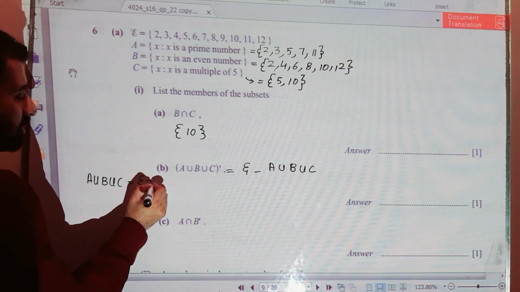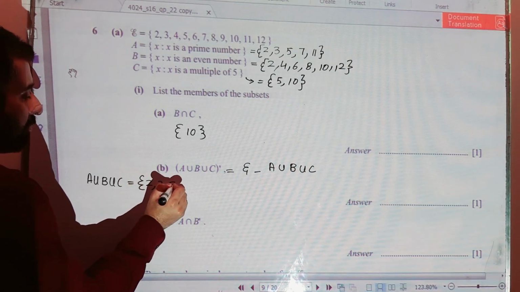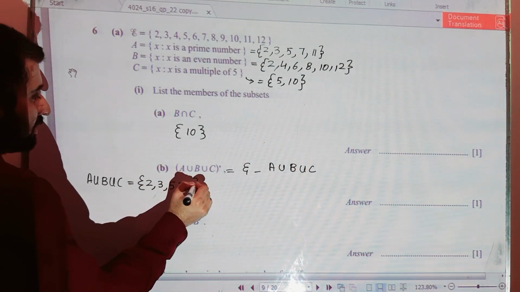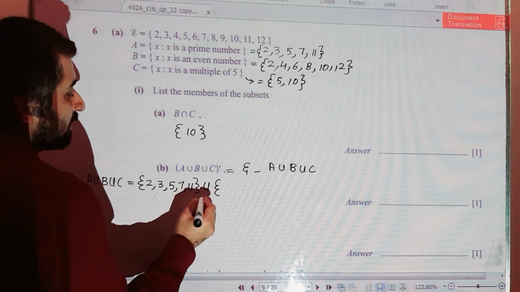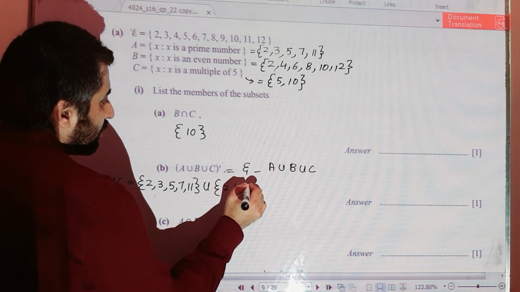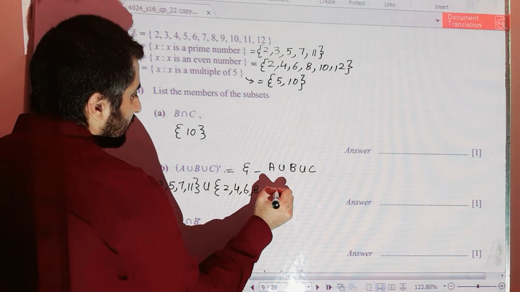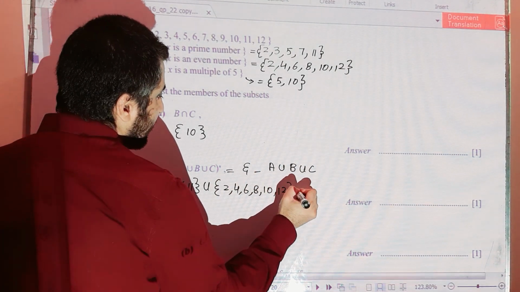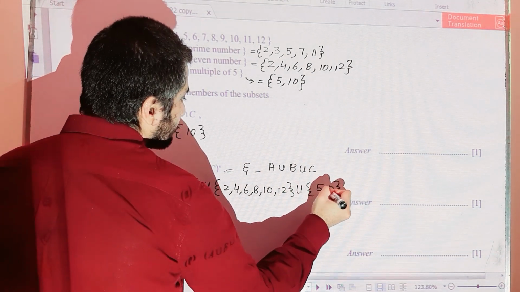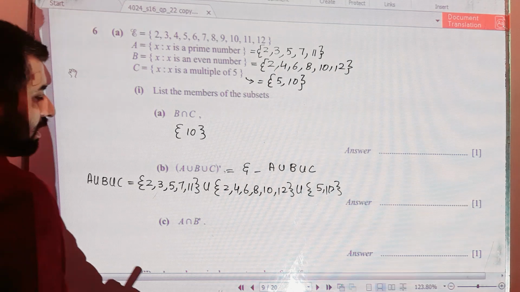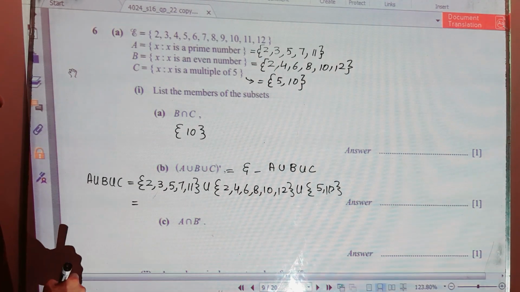Now A is 2, 3, 5, 7, 11. Union the elements of B: 2, 4, 6, 8, 10, 12, and the elements of C are 5 and 10. So combine all of them.